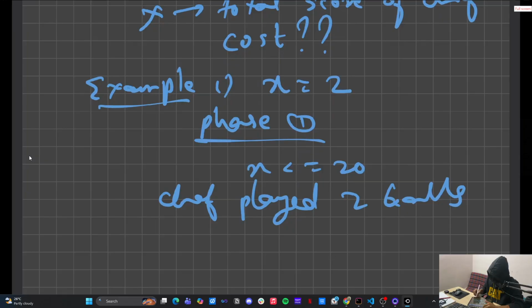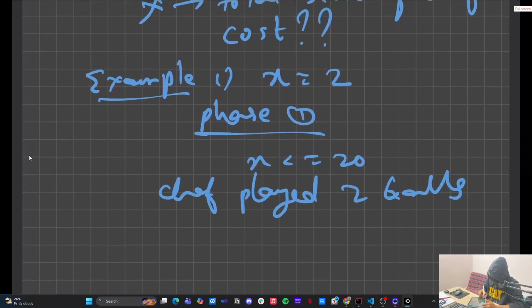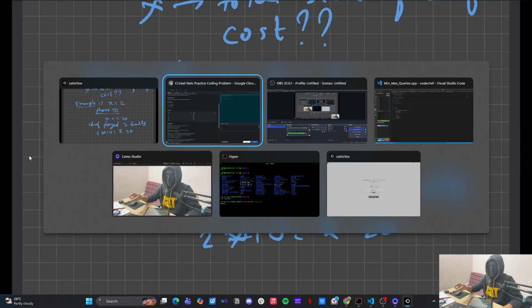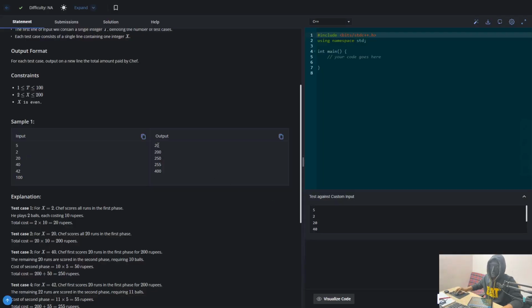And in order to play 1 ball, he should be paying 10 rupees. So since he played 2 balls, it will be 2 into 10, which is going to be 20 rupees. So in the first case, Chef is going to pay 20 rupees.